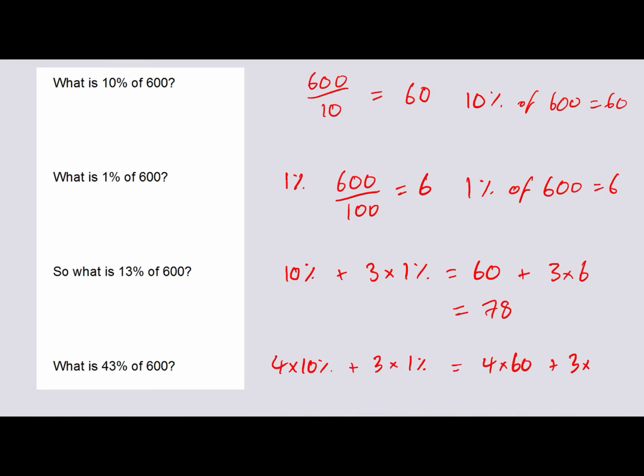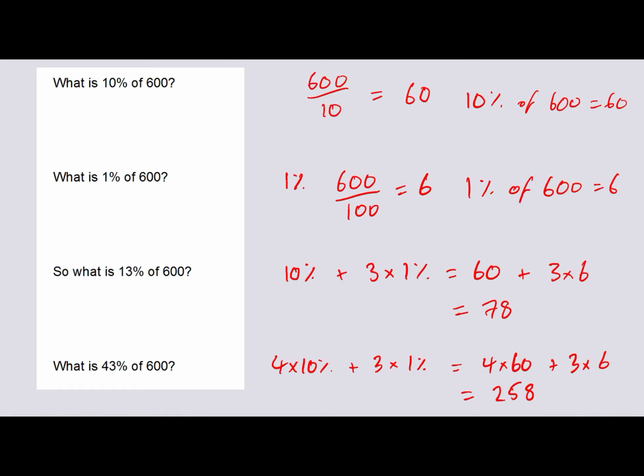What about 43%? Well, we can say that's 4 lots of 10% plus 3 lots of 1%. So that's going to be 4 lots of 10%, which is 60, plus 3 lots of 1%, which is 6. And now again, use BIDMAS. 4 times 60 is 240 plus 3 times 6 is 18.